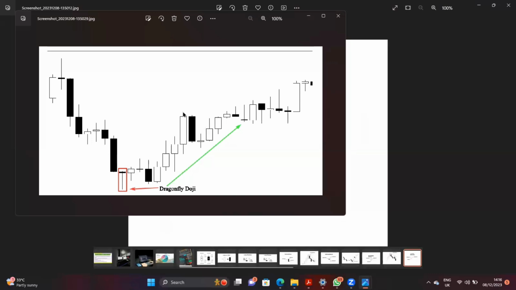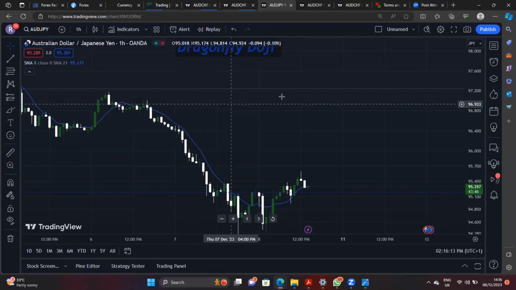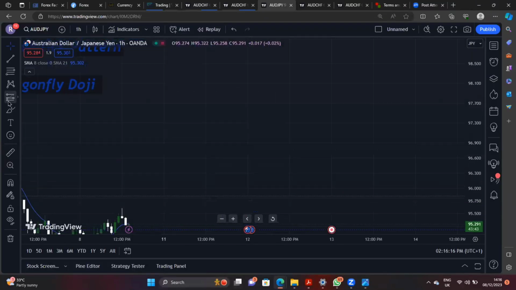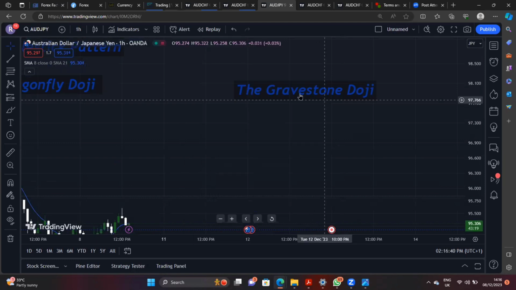It is called the gravestone doji. It's called the gravestone doji.